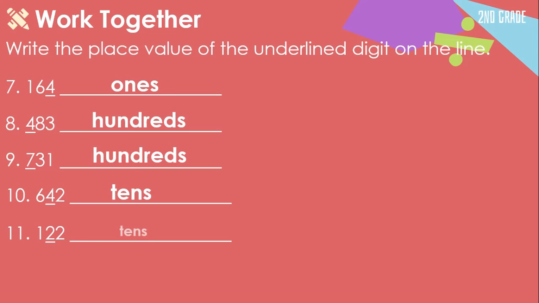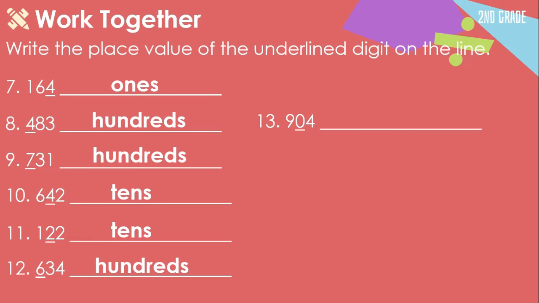Very good. It's tens. For number 12, 634, the underlined digit is 6. What is the place value of 6? Hundreds. Very good. For number 13, 904, the underlined digit is 0. What is the place value of 0?